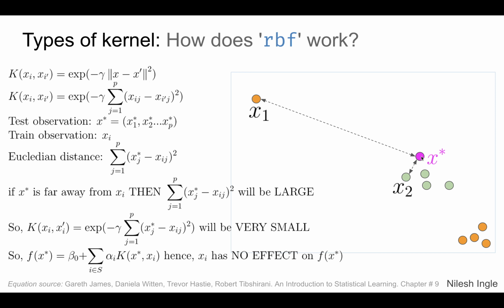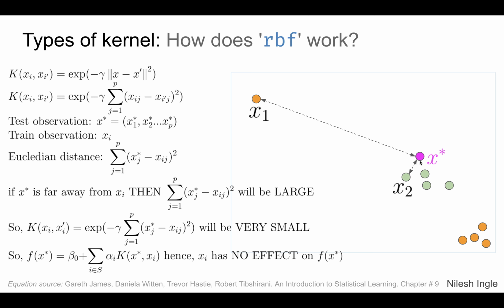If we look at the radial basis function that's shown here at the top, if a new data point comes in, let's say it is x star, then we can think of the test observation as x star equal to x1 star, x2 star, up to xp star, and the training observation would be equal to xi. And now if we calculate the Euclidean distance between this data point and this data point, we can calculate it by this formula.